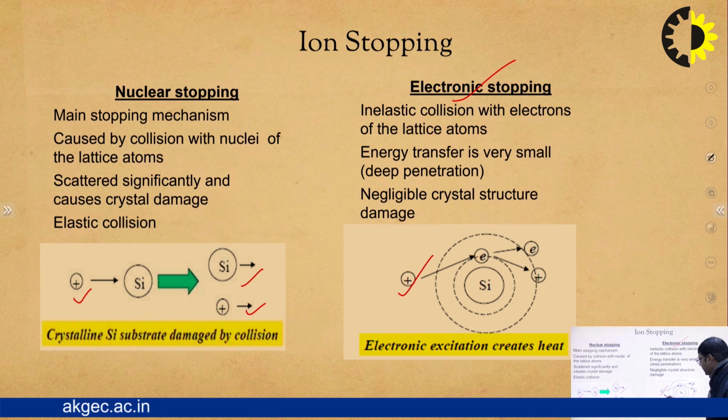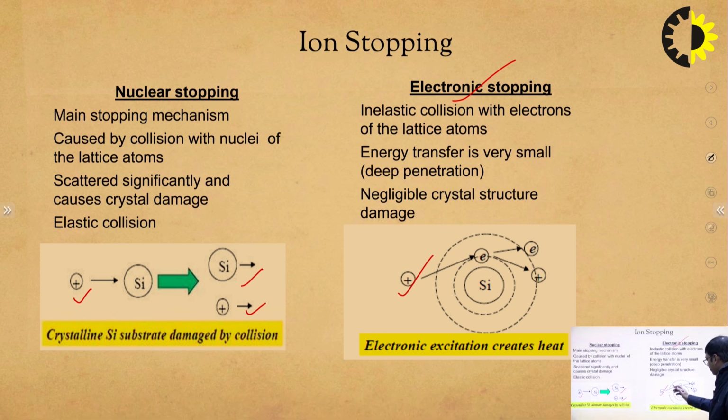So, when dopant ions do not collide head on with the silicon atoms, but travel through the valence shell of the atom, they eject these electrons and make them free, and in the process lose a very small amount of energy. So, in the case of the electronic stopping mechanism, our dopant ions travel a much farther distance as compared to nuclear stopping. In the case of nuclear stopping, the distance traveled by the dopant ions is less.